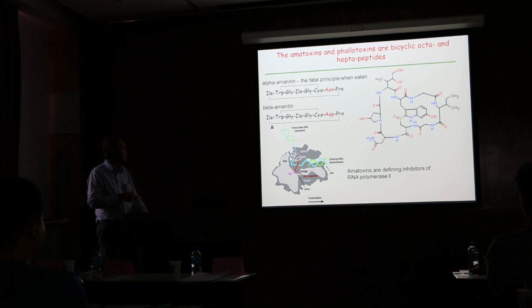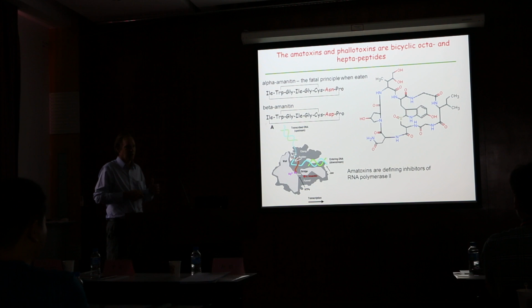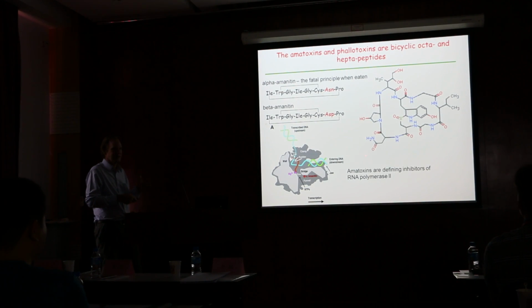So the DNA comes in, DNA goes out, and a single-strand messenger RNA copy, shown in red, is made, which is then translated into protein. If you don't have this enzyme, or if this enzyme is inhibited, then the cell's gone. The co-crystal structures are known, so we know very precisely where alpha-amanitin fits into that enzyme.